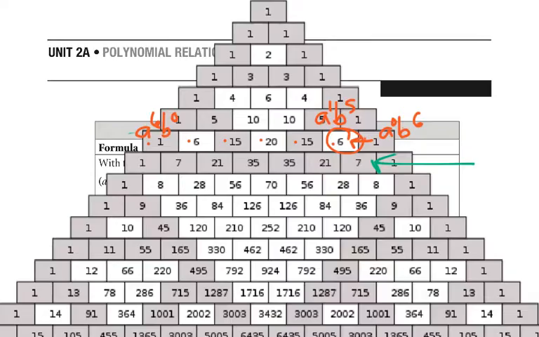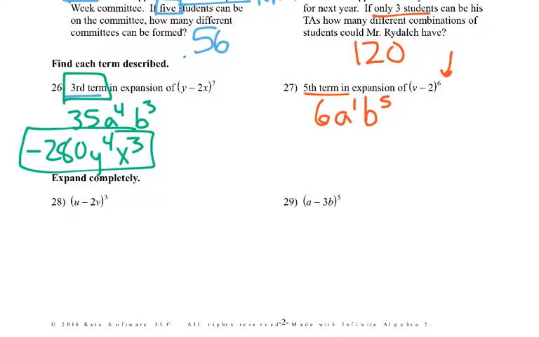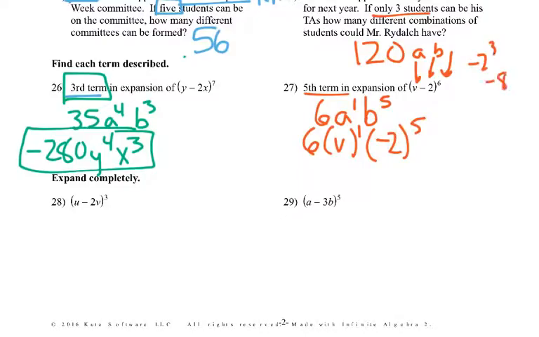Right? So a would be v, b would be negative 2. So 6 times v to the 1st times negative 2 to the 5th. Negative 2 cubed was negative 8, times negative 2 would be positive 16, times negative 2 again, which is negative 2 to the 5th, would be negative 32.